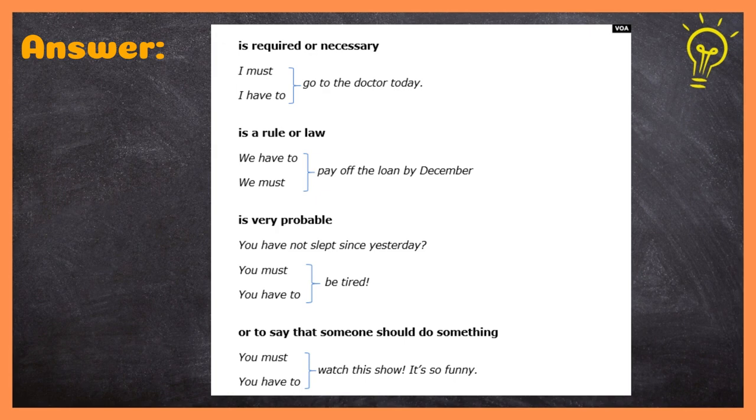We must pay off the loan by December. Is very probable. You have not slept since yesterday? You have to be tired. Or to say that someone should do something. You have to watch this show. It's so funny.